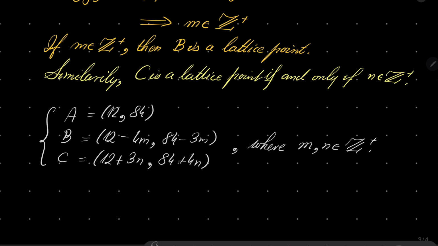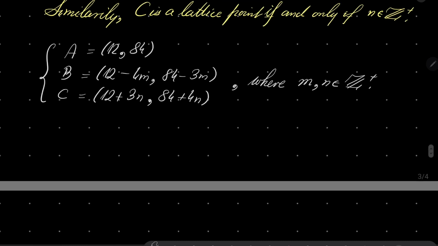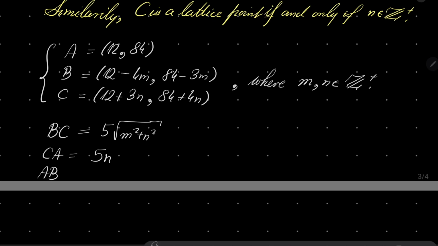All right, now let's find the length of sides of our triangle. So BC, the length of this segment, is pretty easy to verify. It can be written as 5 times the square root of m squared plus n squared. Moreover, CA can be written as 5 times n, and finally AB can be written as 5m.